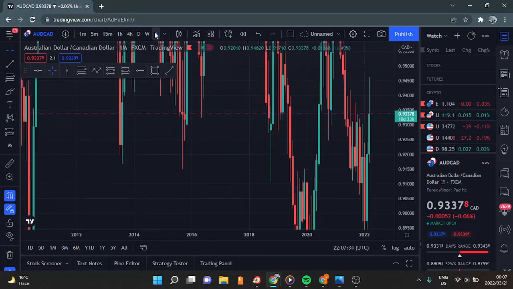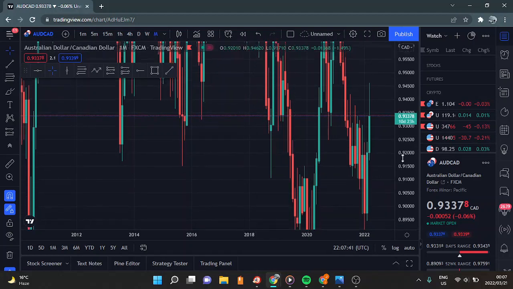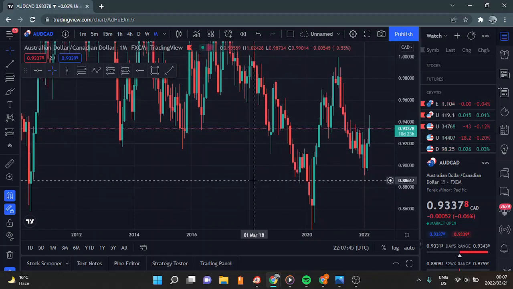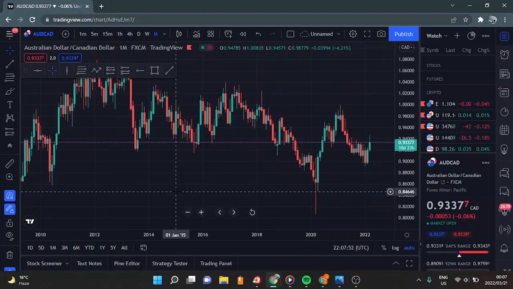Start by spotting the monthly time frame's direction. Then you go down with it, which is called multi-time frame analysis.